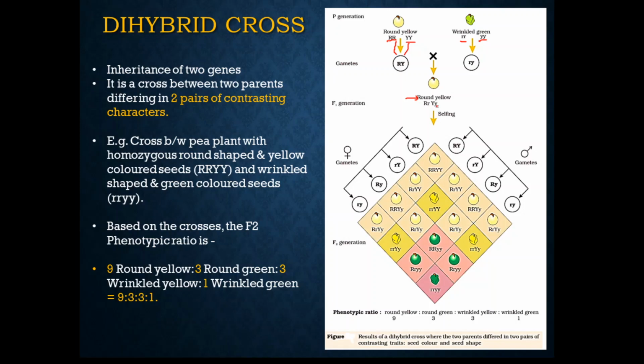To find out further, we are going to study the F2 generation. In order to study the next generation, we are going to self-pollinate it, which means this round and yellow F1 generation plant is self-pollinated to see the various kinds of seeds formed.